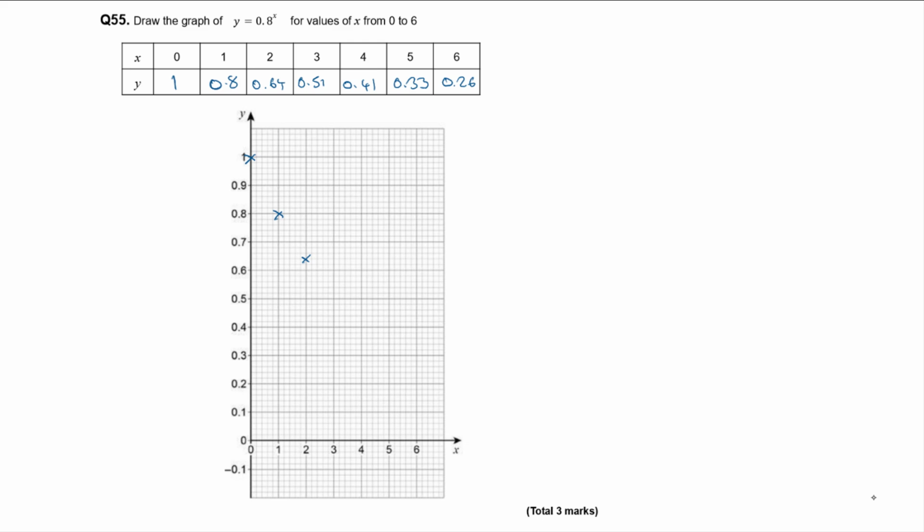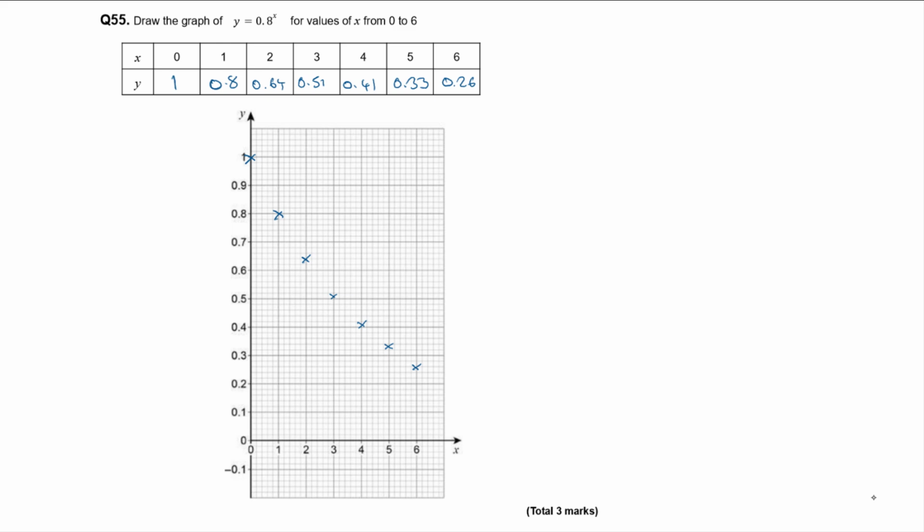Okay, 0.51 is like half a square above 0.5. Then I've got 0.41, which is going to be half a square above 0.4. And then 0.33, which is going to be 1.5 squares above 0.3. And 0.26, that's going to be 3 squares above 0.2, like that.